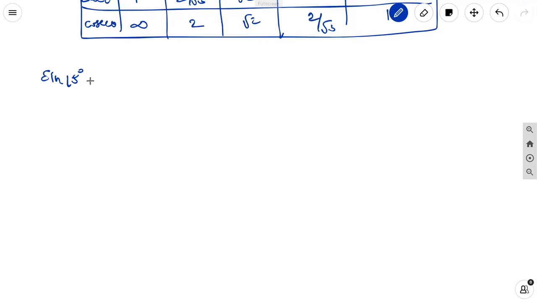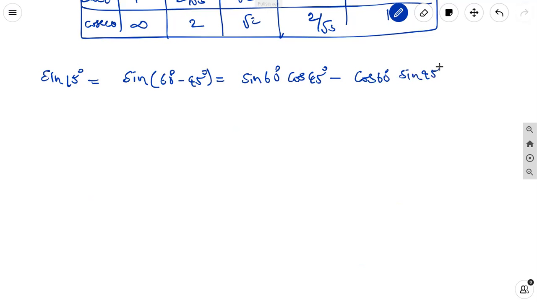sine 15 degrees is equal to sine of 60 degrees minus 45 degrees. It is equal to sine A cos B minus cos A sine B. That is sine 60 cos 45 minus cos 60 sine 45.